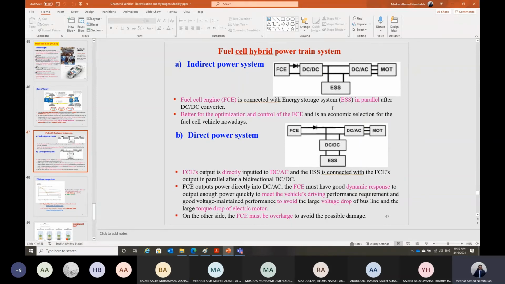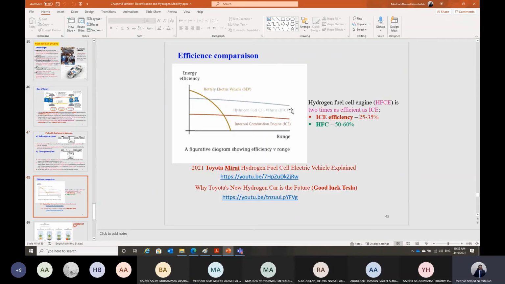That's why the battery lifetime, when used with a hydrogen fuel cell, will be elongated, like the batteries we are using now in a conventional internal combustion engine car. So it will have a long lifetime, and we can use cheaper batteries.